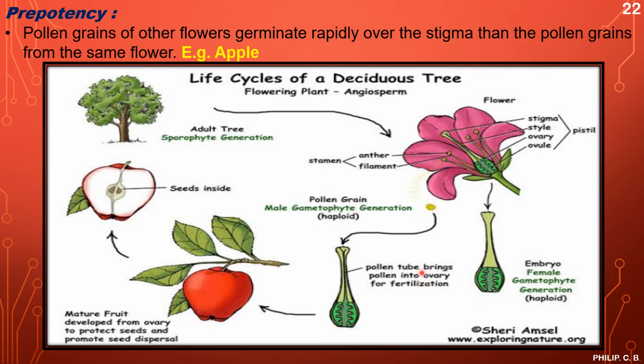Then a pollen tube brings pollen into the ovary for fertilization and fruit formation takes place, and inside the fruit the seed. A mature fruit develops from the ovary to protect seeds and promote seed dispersal.